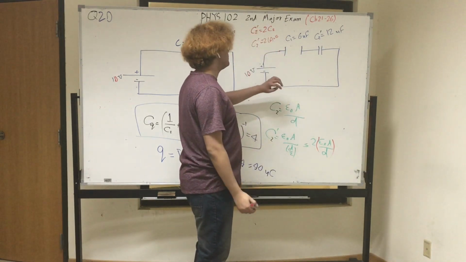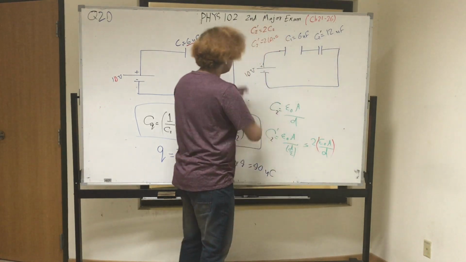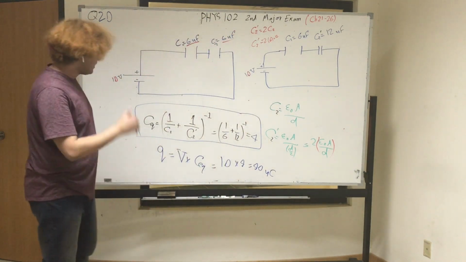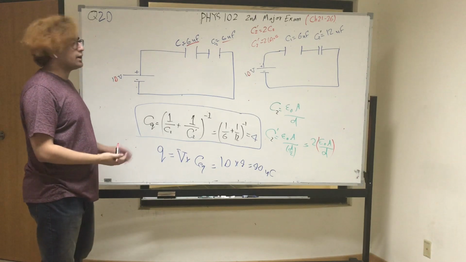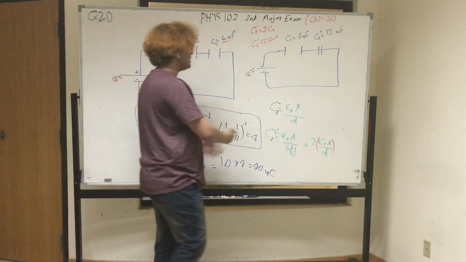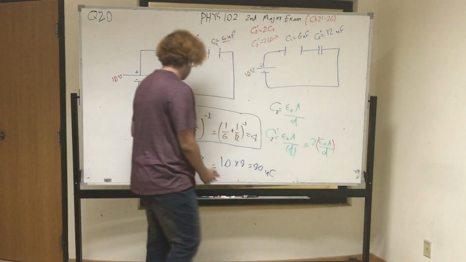So we have two capacitors, one is 6 microfarads and the other is 12 microfarads, connected to a battery that is 10 volts. So the question is asking what is the charge stored in the equivalent capacitor. So what we're going to do is basically add these two. Because these two are in series, we're going to use this equation.